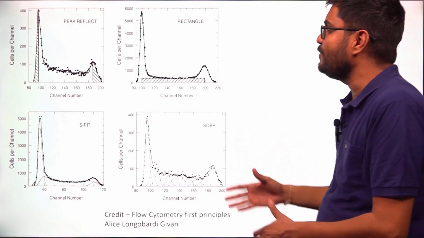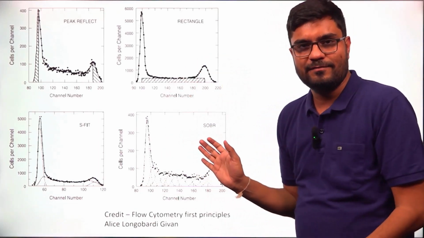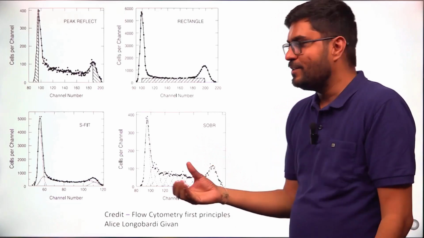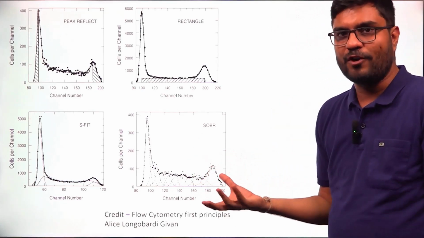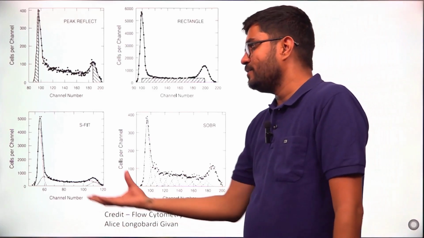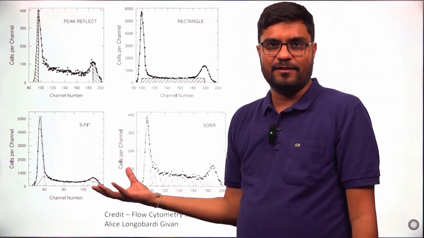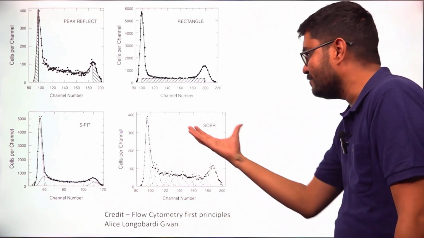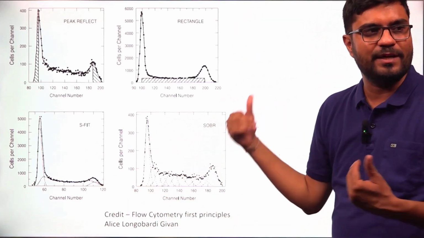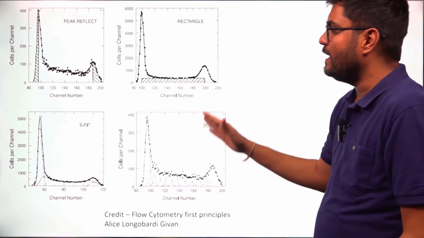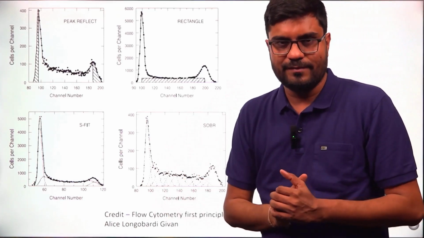But we are lucky that we don't have to do it ourselves right now, because software like FlowJo can calculate it. FlowJo is having the Watson pragmatic method, which is using polynomial or binomial equations, and it is having the JET method, which is using SOBR and automatically calculating the percentage of cells in G1, S and G2, right?